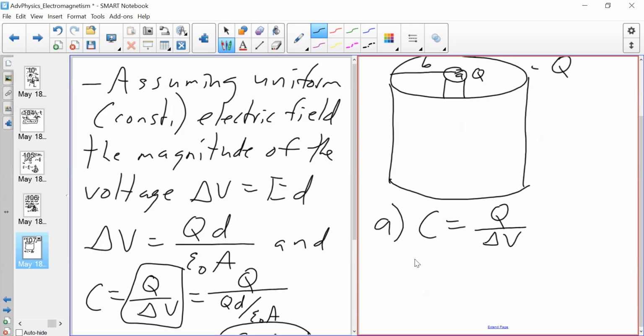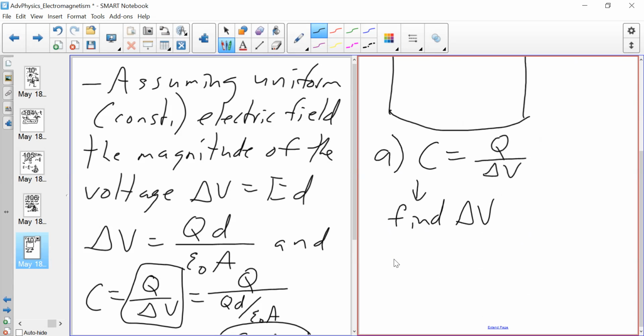So first, let's find our voltage. And we know already that voltage is the negative integral from initial to final of E dot ds. Now, there's an electric field in between the two, the positive charge on the inside and the negative charge on the outside.